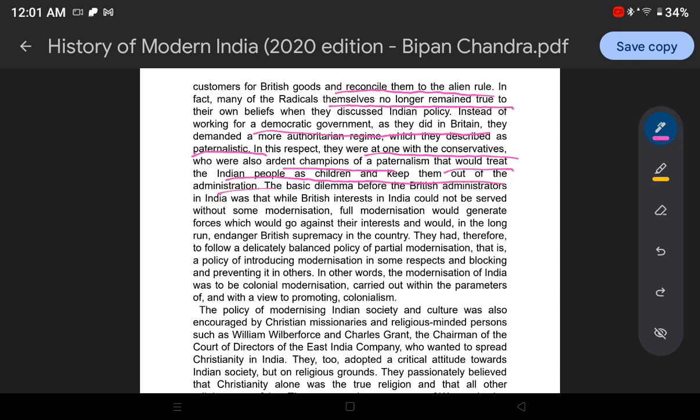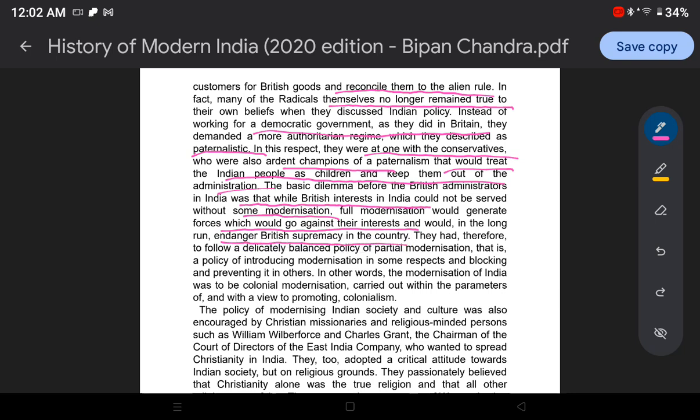The basic dilemma before the British administrators in India was that while British interest in India could not be served without some modernization, full modernization would generate forces which would go against their interests and in the long run endanger British supremacy in the country.